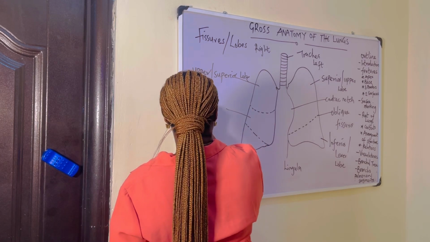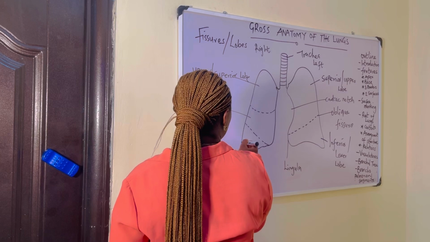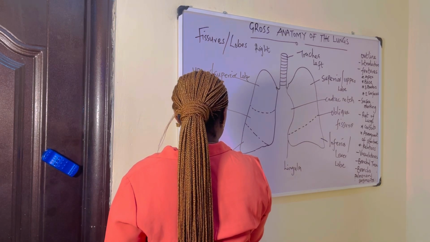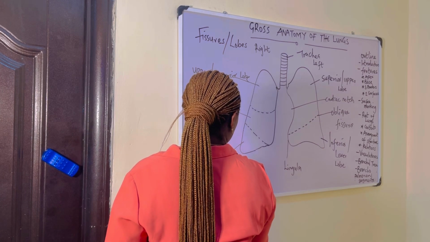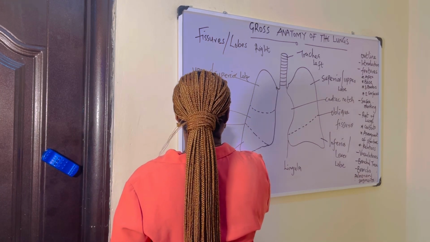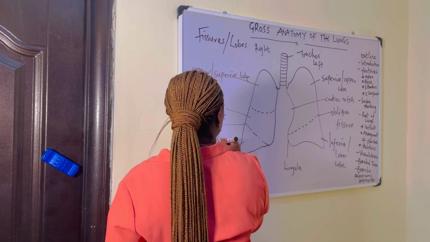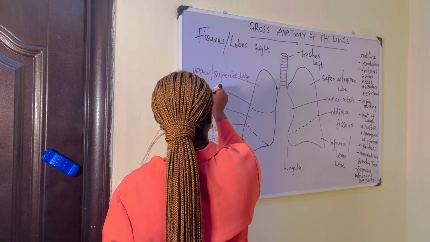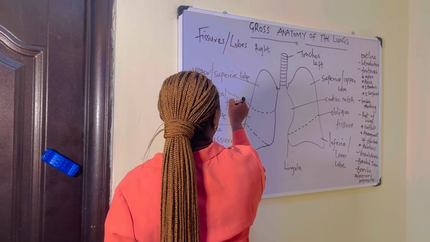Now this is the middle lobe. And finally, we have the lower or inferior lobe. So here we have the oblique fissure of the right lung, and we have the horizontal fissure of the right lung as well.